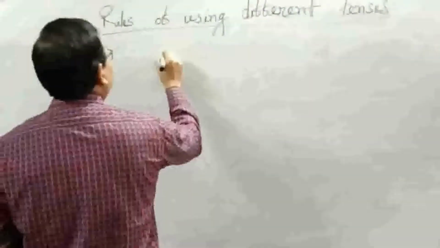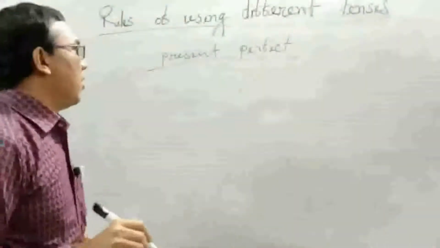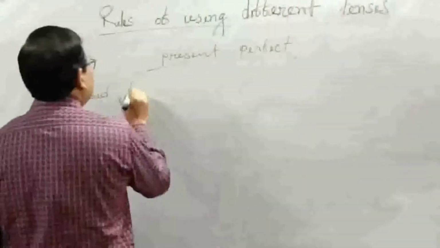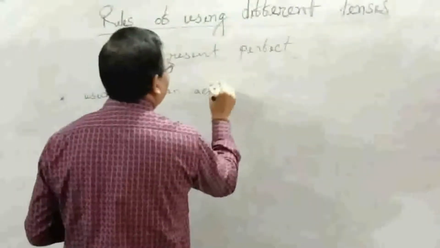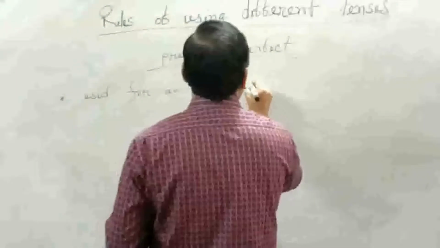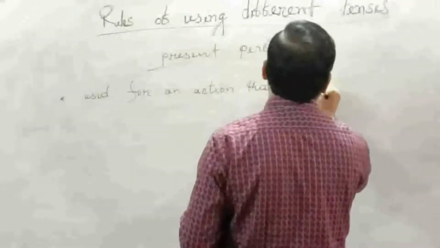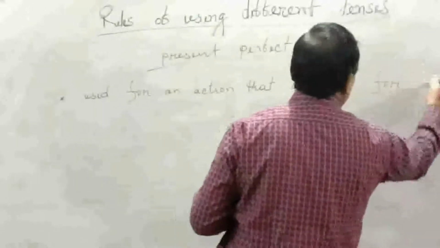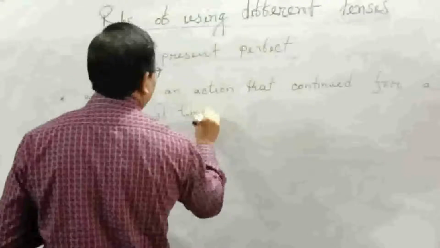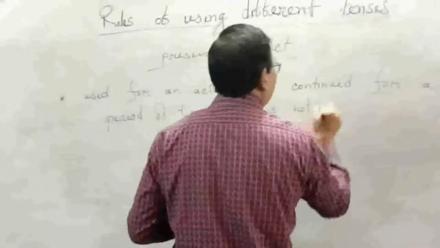Now present perfect tense. Present perfect tense is used for an action that continued for a period of time which is not finished.